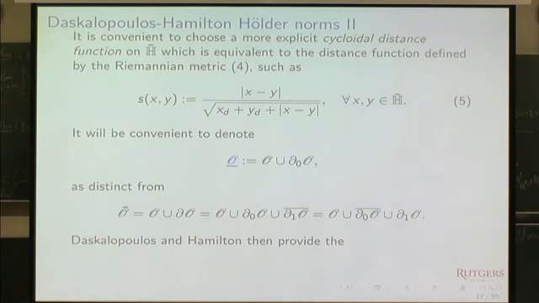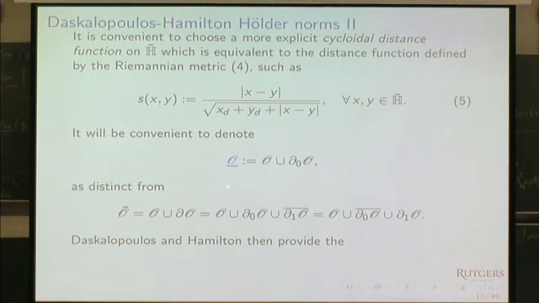Whether or not pieces of the boundary are attached to the domains is important in the definition of various function spaces, and also in describing regularity of the solutions, which domain boundaries they're assumed to be smooth up to and which ones they're not. It's convenient to just introduce a little bit of extra notation to describe that. So O with the upper bar is the usual one, where I just throw in the boundary. O with the lower bar just means that I throw in the piece of the boundary where the PDE is degenerate.